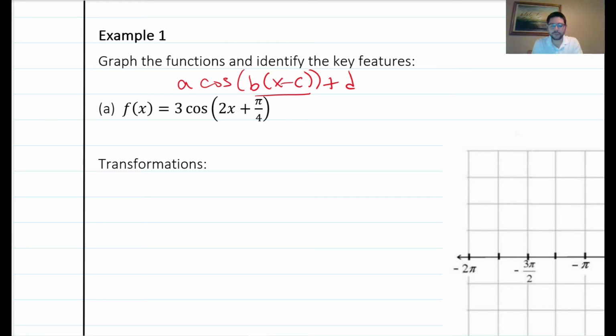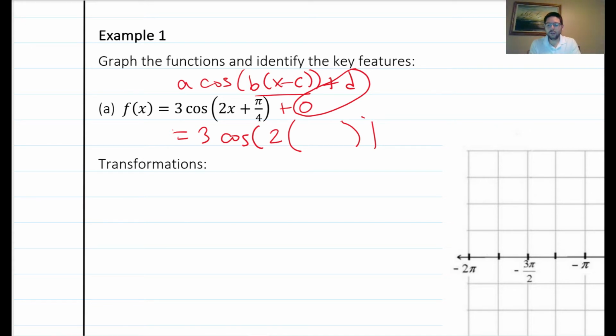So we have 3 cosine, and I'm going to pull out that 2, so I have 2 outside. And I don't really have a d term here. The d term is actually 0, because it's non-existent.